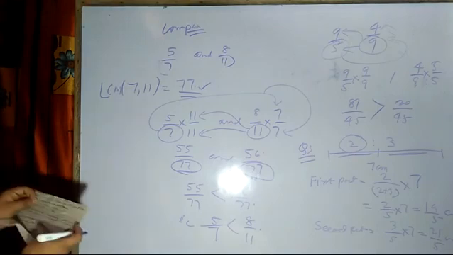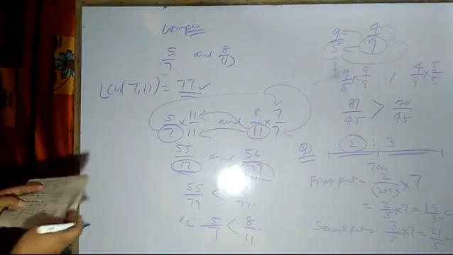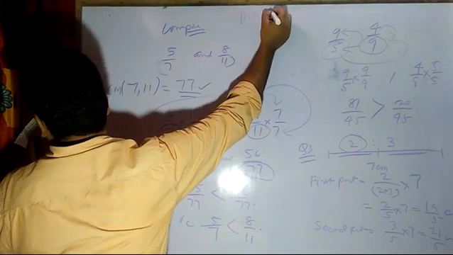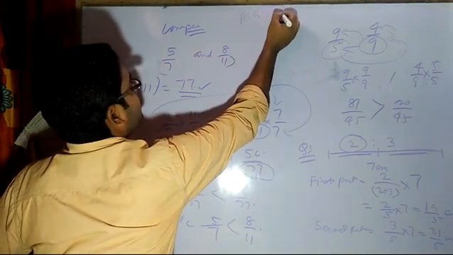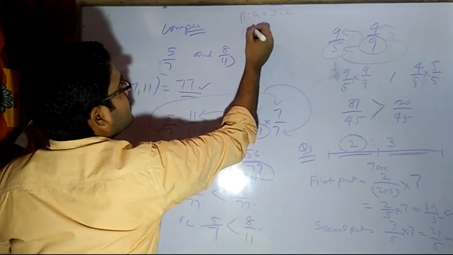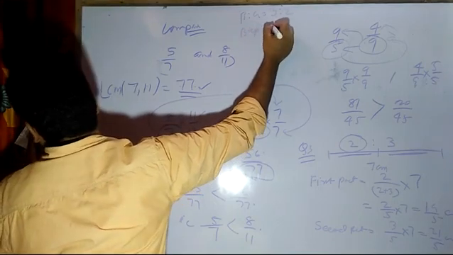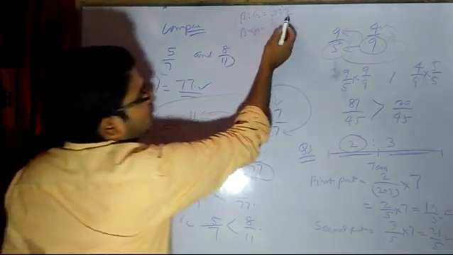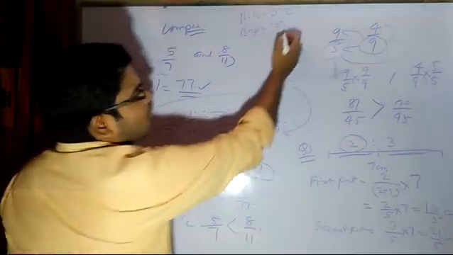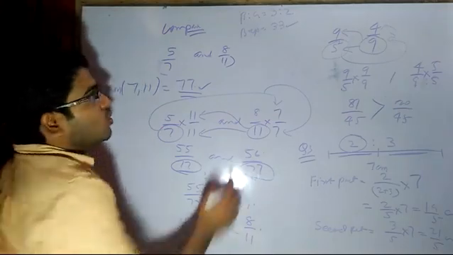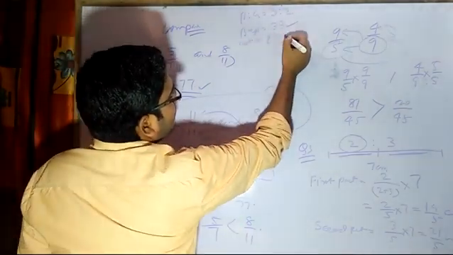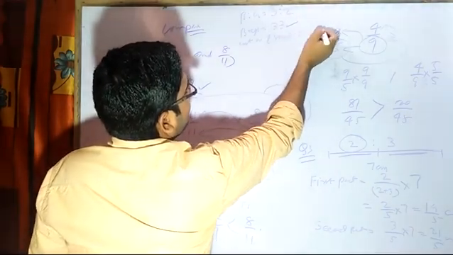So here also the question says the ratio of boys to girls is given as 3:2 and boys is equal to how much? 33. Now I can assume the number of students be x.